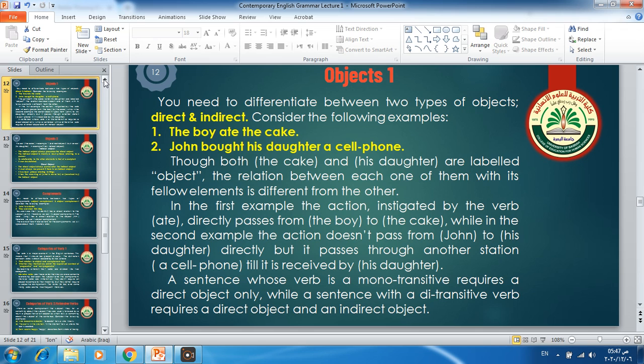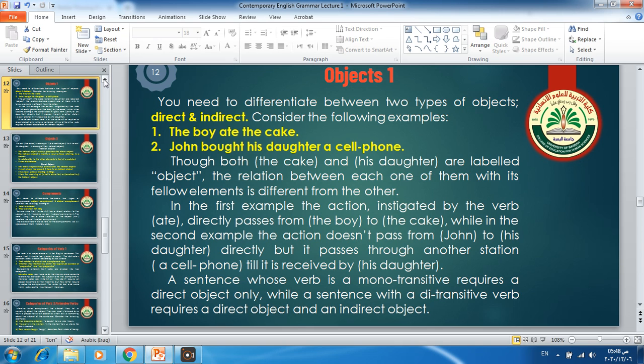The boy ate the cake. John bought his daughter a cell phone. Though both the cake in the first example and his daughter in the second example are labeled object, the relationship between each one of them with its fellow elements is different from the other.